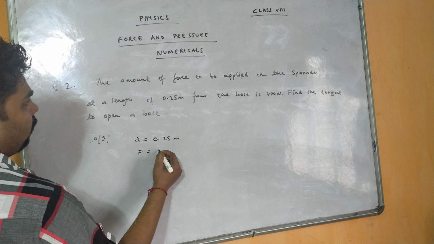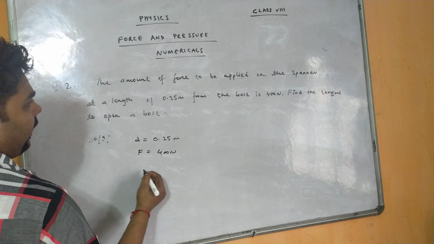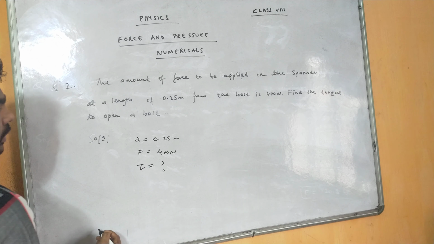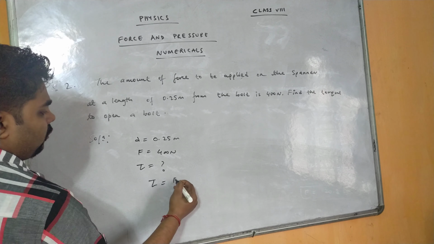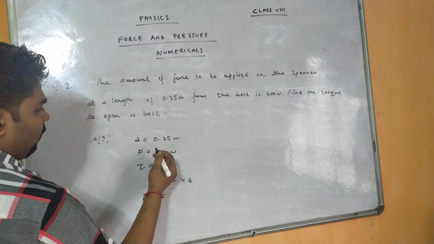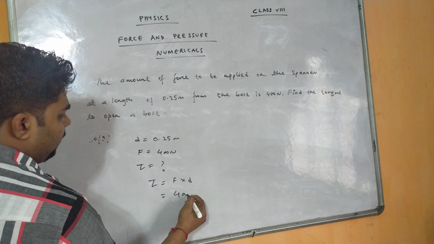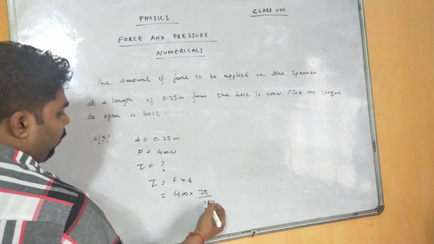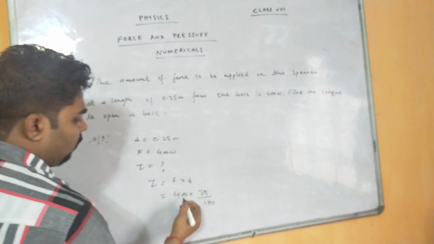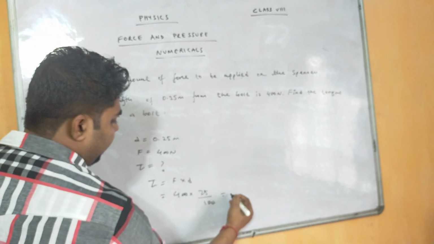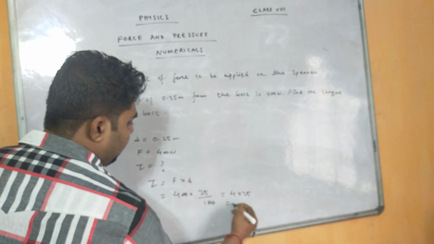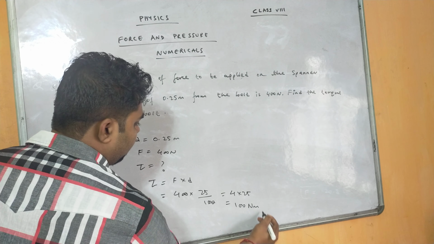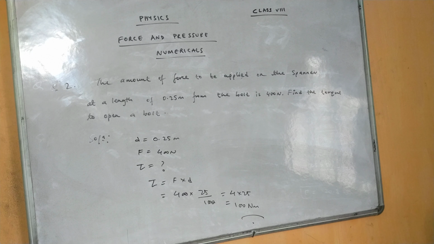That is the force, and we need to find the torque. We will use the same formula, torque equals F into D. So in place of F we will substitute 400, and in place of D, 25 by 100. The point will get removed, 100 will come down. So 2 zeros and 2 zeros got cancelled. 4 into 25 is 100 Newton meter. This is our answer.